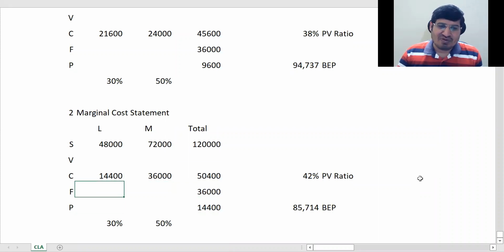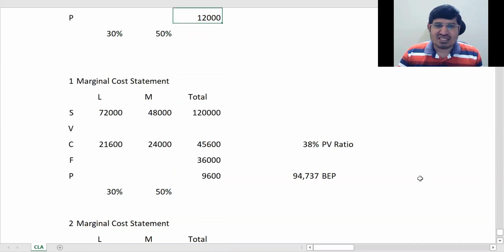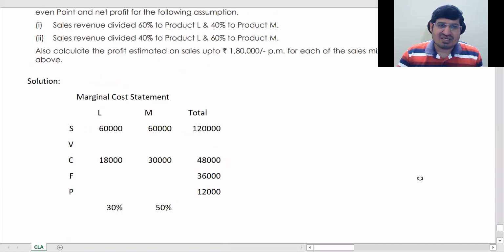You don't even need the PV ratios here. Directly, you just need to get the profit. So just change this to 1,80,000 and you will get the answer. It's just asking the profit if the sales is up to 1,80,000 for each of the sales mix. Fine. Any doubt?